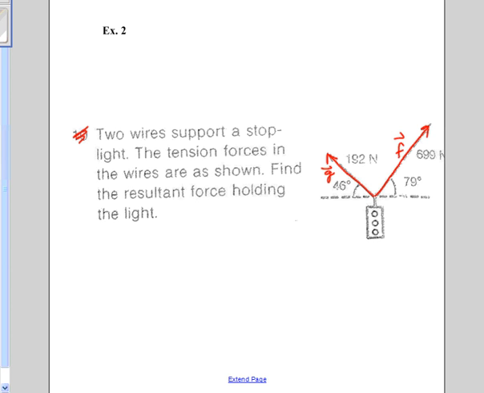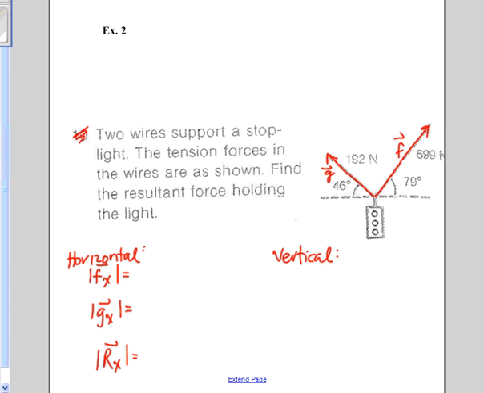We're going to determine the resultant force acting on the light by using components. So let's do horizontal and vertical. I want to determine the horizontal component of little vector f, and the horizontal component of little vector g, so that I can determine the resultant horizontal component.